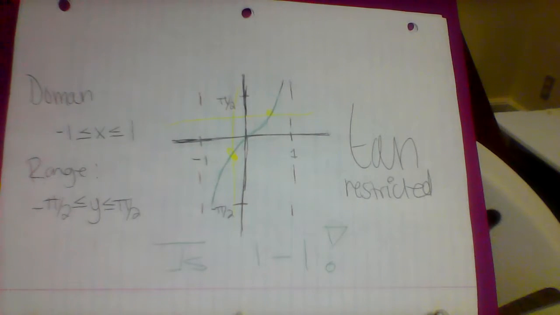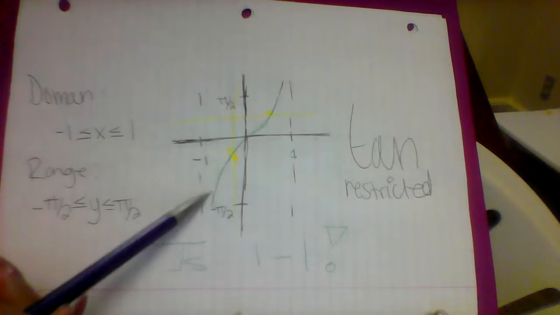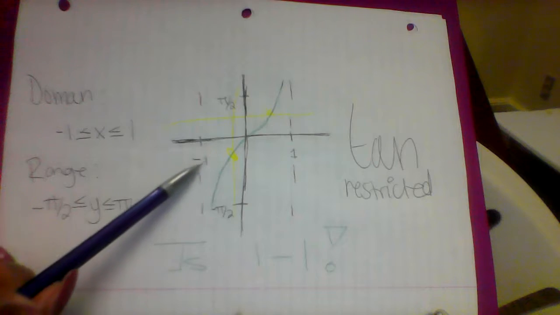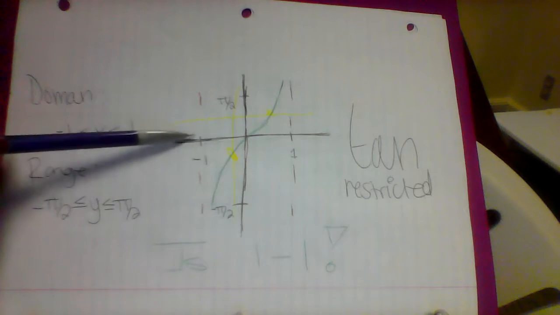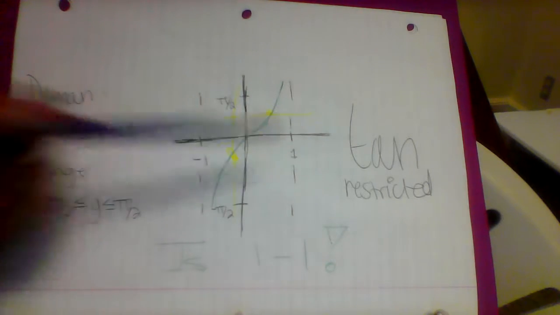And so to figure out the domain, you just look at where all the x's are. So clearly the x's start here at -1 and go to 1.